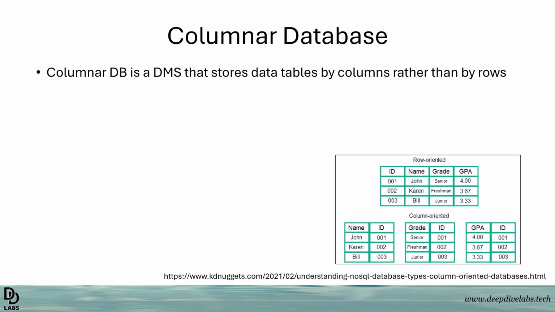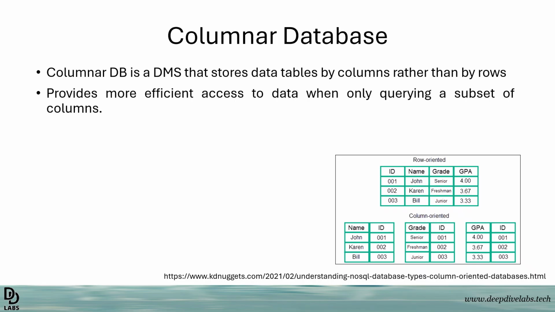Here you will see that it provides very efficient access to data when only querying a subset of the columns. As you can see, a columnar database is not typically for applications which do select star from a particular table, right? Because your data is distributed across multiple columns.